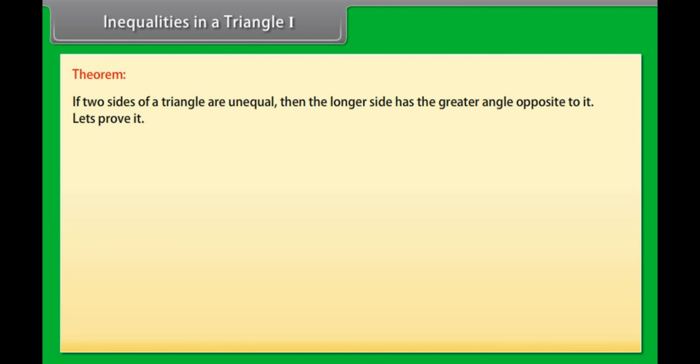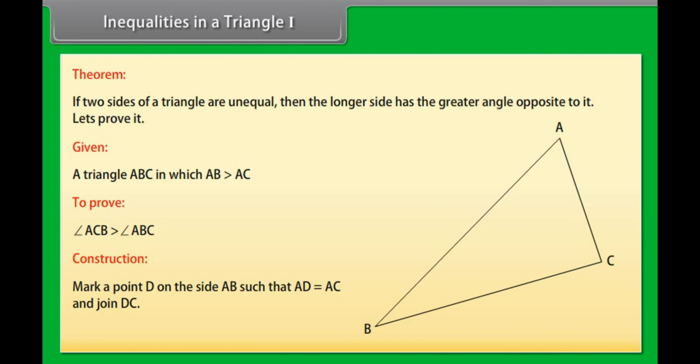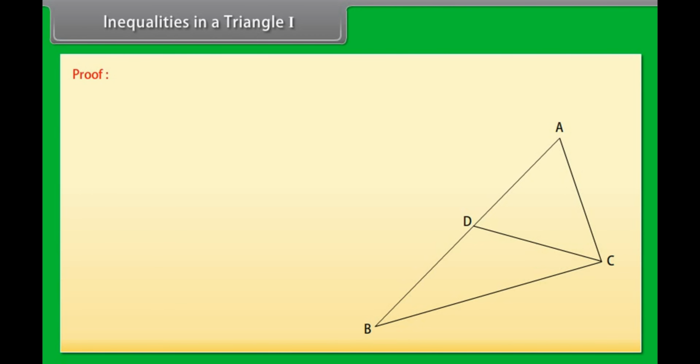Let's prove it. Given is a triangle ABC in which AB is greater than AC. We have to prove that angle ACB is greater than angle ABC. Construction: Mark a point D on the side AB such that AD is equal to AC and join DC. Proof: In triangle ADC, AD is equal to AC.